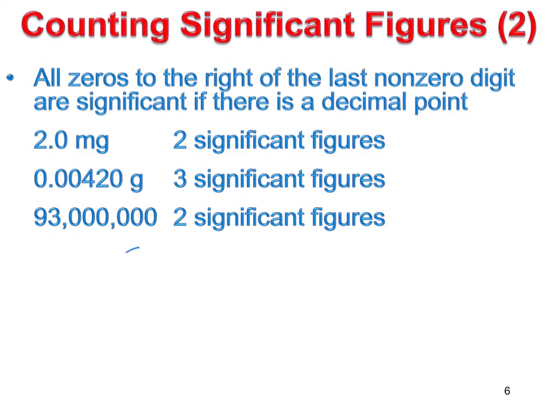So for example, if we wanted 4 significant figures, 9.300 times 10 to the 7th would be the appropriate designation for 4 significant figures.